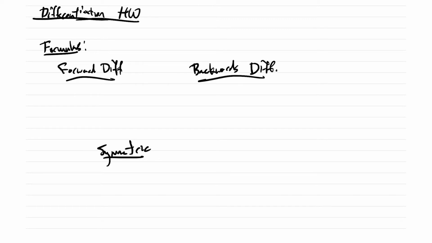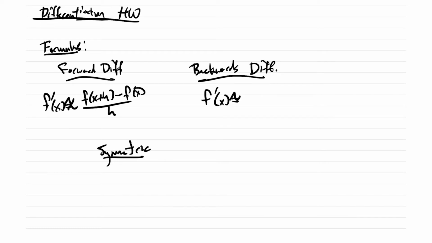And so if you take a look at the forward difference, it's f prime of x, and we're going to use f of x plus h minus f of x divided by h. Here we're using f prime of x as it should be approximately equal to f of x minus f of x minus h divided by negative h.